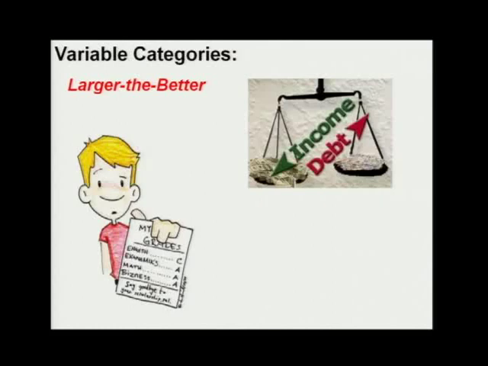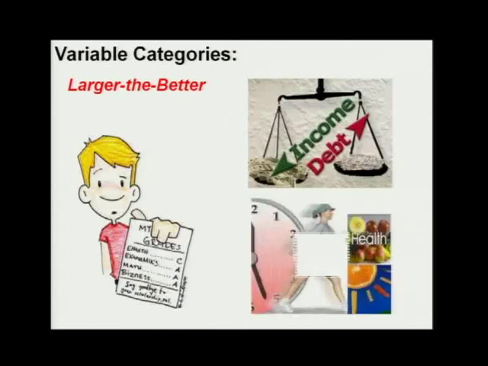If we look at income, all of us would like to have the highest income we can possibly have, and that is a larger the better variable, in contrast with debt, for example, which is smaller the better. Health performance parameters. There are so many health performance parameters that follow larger the better.